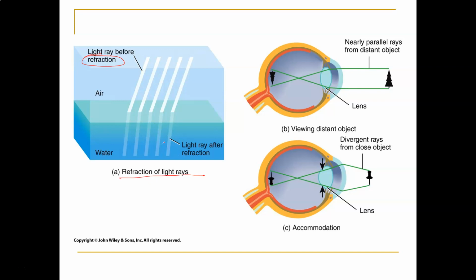Okay, so this has important implications for the eye, because we talked about how your photoreceptors are in the retina of the eye. But the retina, and we'll go into this in more detail, is not all the same.